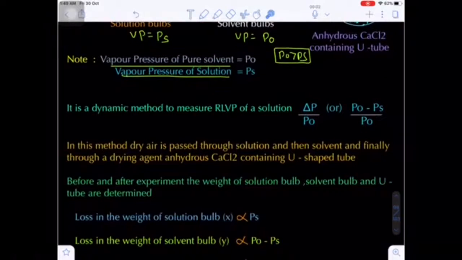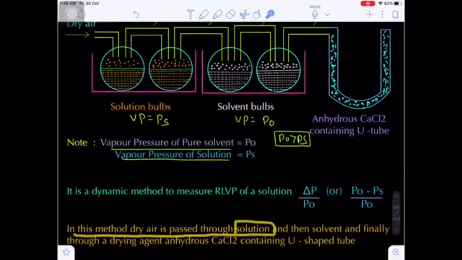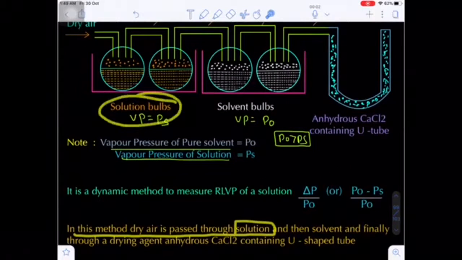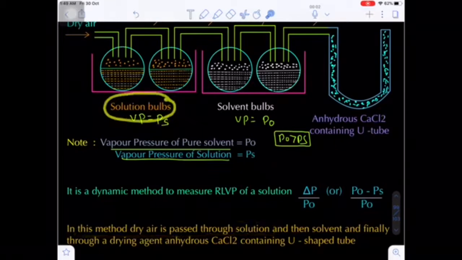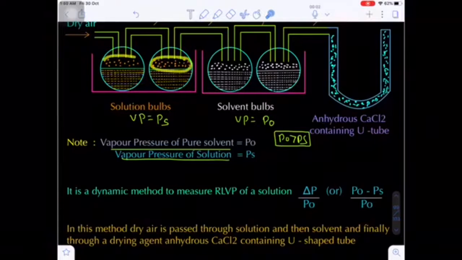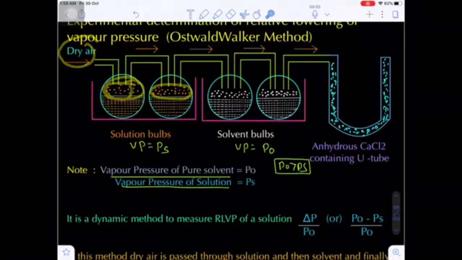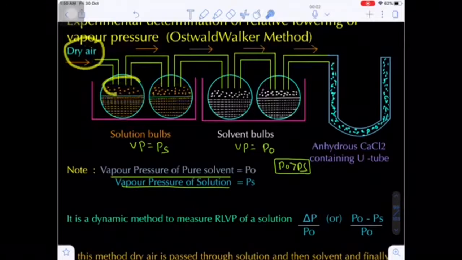Okay. Now, first of all, what we have to do in this method, the dry air is first sent into the solution bulb. In a solution bulb, what happens? In a suitable solvent, a solute is dissolved and it is made into a homogeneous mixture. On the surface of a solution, the vapor will be present. When the dry air is sent into the solution bulb, the dry air catches the vapor on the surface of the solution.